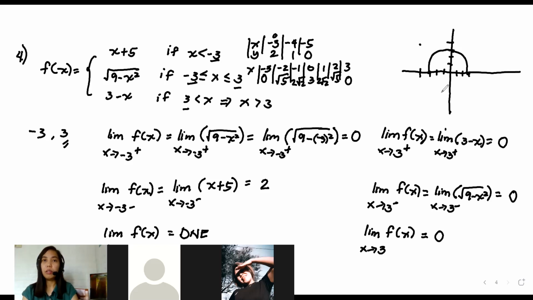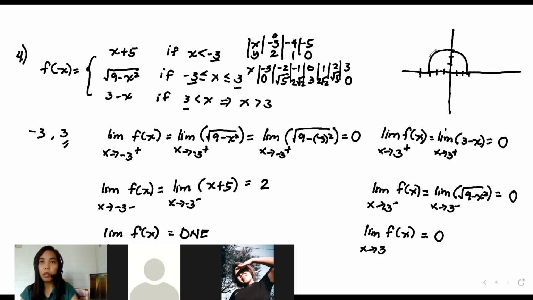Negative 5, 1, 2, 3, 4, 5. Negative 3, 2. Negative 3, 2, open. Again. Negative 3, 1, 2, 3, and 2.